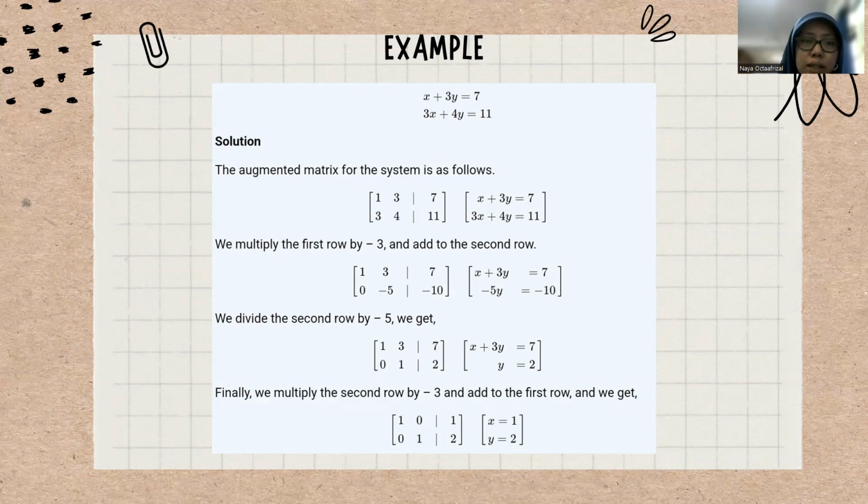After that, we divide the second row by -3 and we get the matrix as written. Finally, we multiply the second row by -1 and add to the first row, and we get the matrix 1, 0, 1, 0, 1, 2, which means x equals 1 and y equals 2.